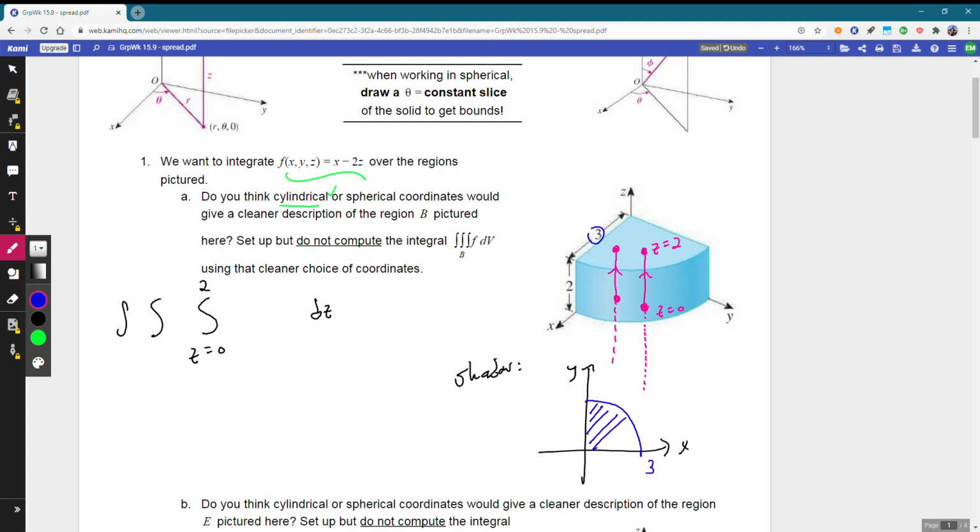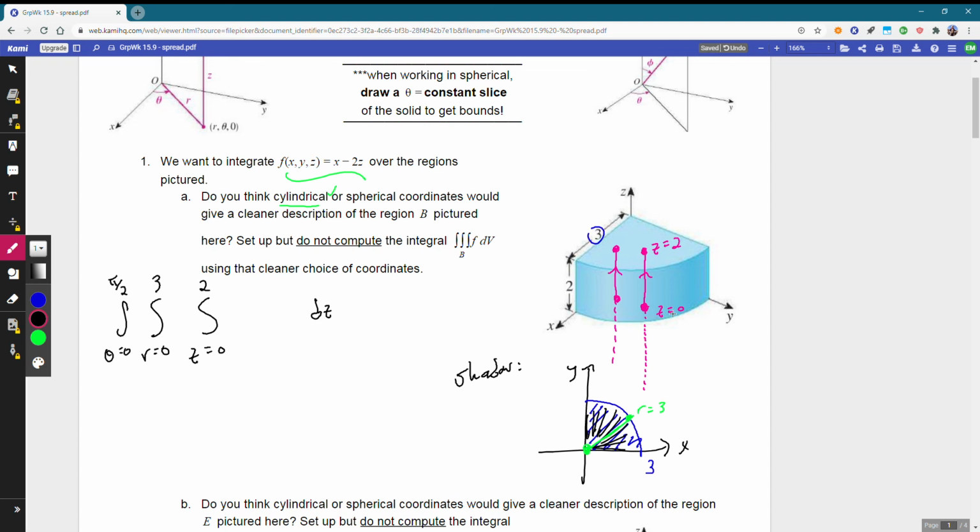And so this is going to be our shadow underneath. And so we can describe this with polar, moving r, and theta, we're using thetas from 0 up to pi over 2. And for each one of those thetas, like this one, we're stretching r from r equals 0 out to the outer edge, which is going to be r equals 3.